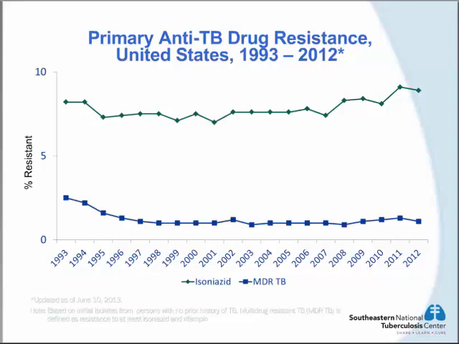Fortunately, the rates of MDR and INH resistance have remained relatively stable with a little bit of an increase in the INH resistance. But the numbers are low. INH resistance is less than 10%, and MDR is less than 2%, it's like 1.2% in 2012.